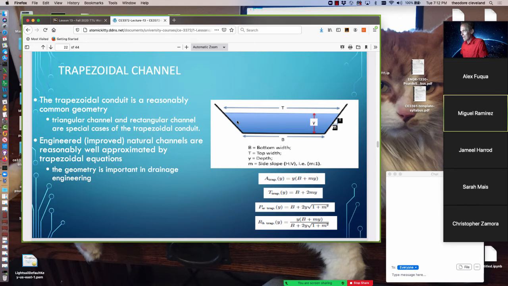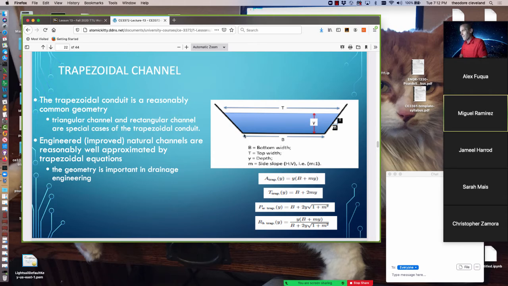In that case, the result is that the area as a function of y is equal to y times the quantity b plus my, where m is the horizontal portion of the side slope for each 1 unit of rise. I've written these equations as if the side slope on either side is the same. That doesn't have to be the case, and you would modify the requisite arithmetic in those instances.